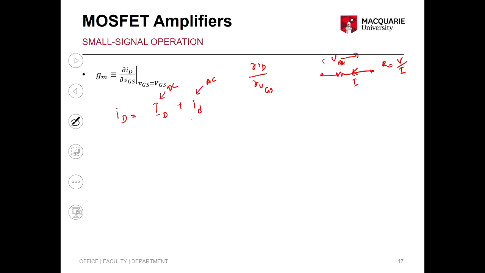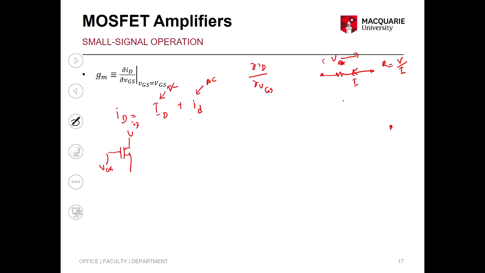But say there's a circuit where you change the voltage by changing the current somewhere else. You can't call it a resistance, we call it transresistance, because you change the current somewhere else and the voltage changes. Same way here, we change the voltage VGS here, and your current ID changes. So that's why it's called transconductance. Normally I over V is conductance, but it's not between the same terminals, so we call it transconductance.